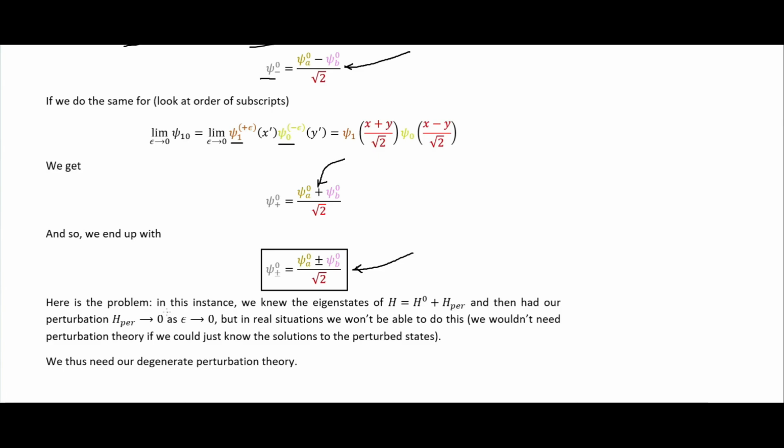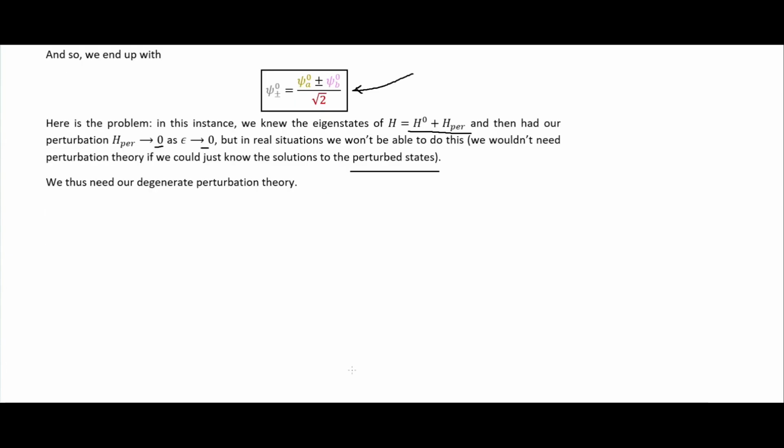But as I said, the problem here in this instance is that we knew the eigenstates of our perturbed Hamiltonian, and then had our perturbation go to 0 as epsilon went to 0. But in real situations, we won't be able to do this, because if we knew what the solutions for our perturbed states were, we wouldn't need perturbation theory.